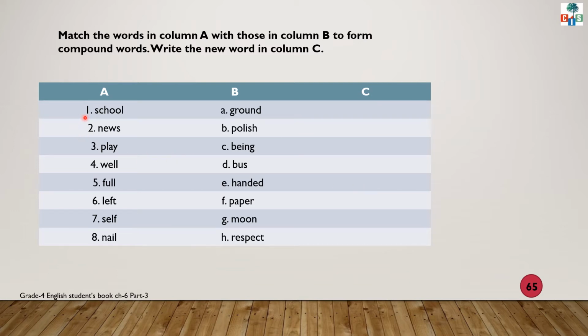The first word is school in column A. Now find the match from column B. Yes, I got my new word, that is school bus. So like this, try to get the new words and write the answers in column C.